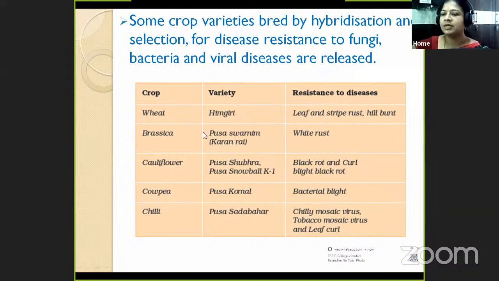Those are represented in this box. So first one is crop name, the new variety name, and resistance to any particular disease. First crop is wheat. The new disease-resistant variety is Himagiri.